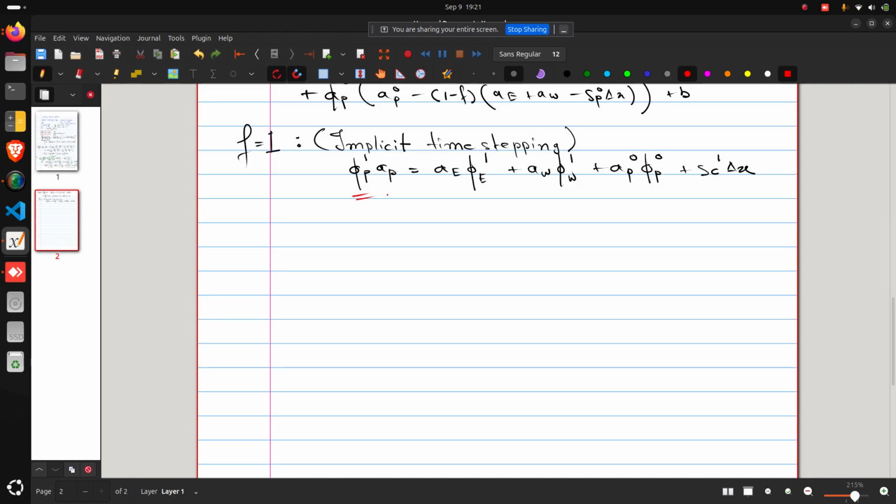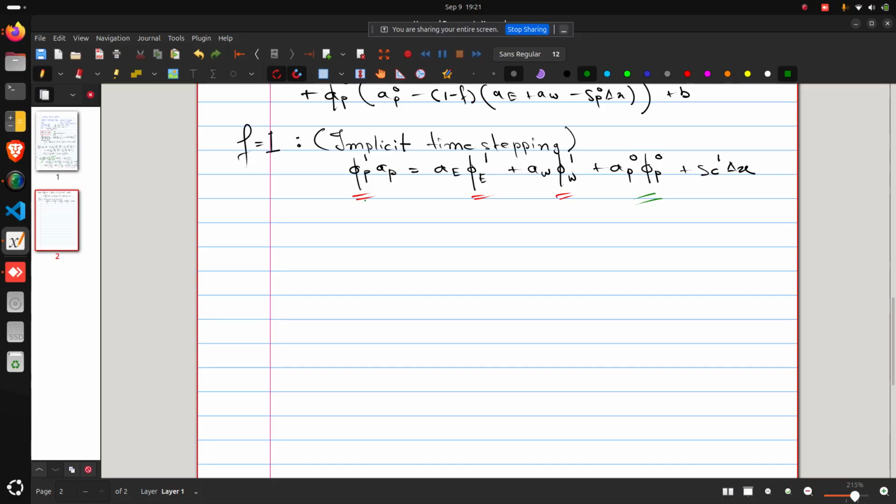We have this as unknown, this as unknown, and this is unknown, right? Only this part is known, right? And also if SC varies with time, for example, if SC is a function of time, then this is also known, and if it is a function of phi p, then it is also an unknown, right? So we'll just ignore this part.